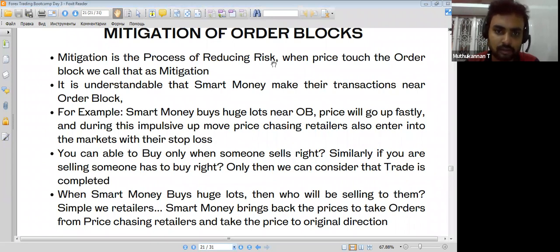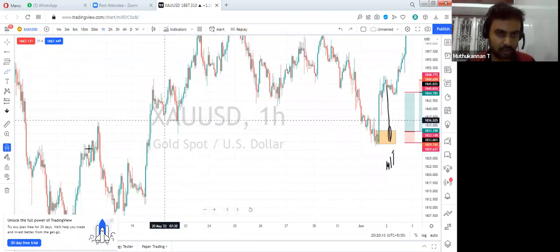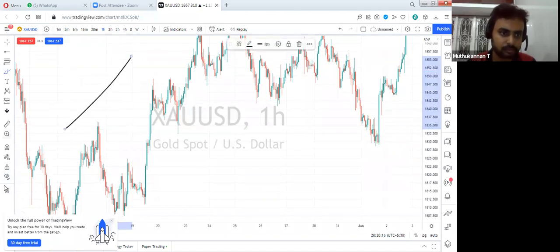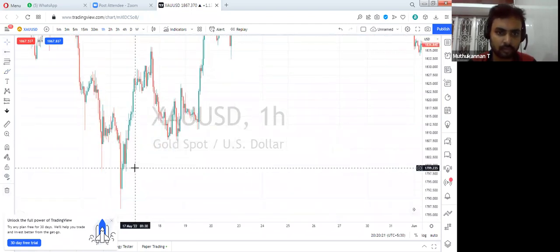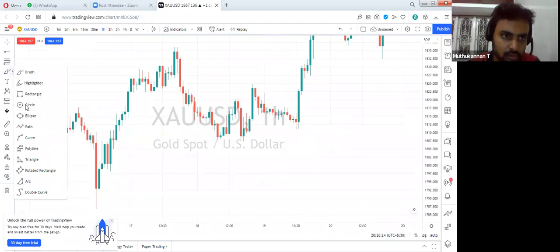Let me share the proper mitigation point. Let's try a different pair. Okay, let's see here. This is my order block.